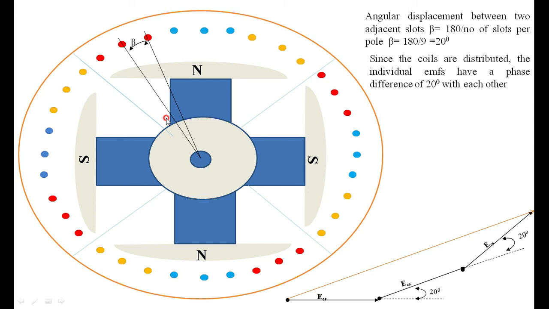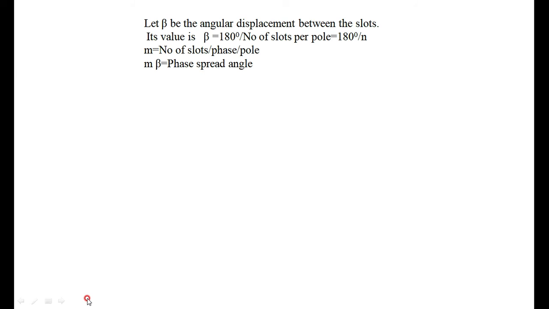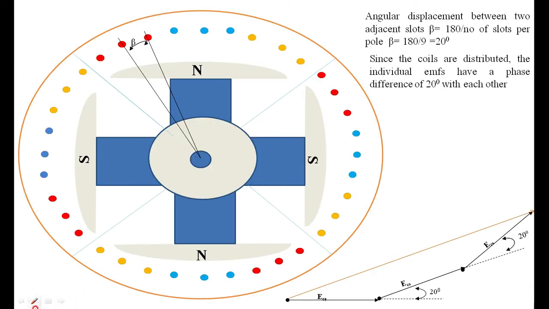You can see here, this is meant for R phase. This phase is meant for the next phase. Then how many slots are we distributing? M number of slots are distributed for each phase. Therefore, it is M beta.